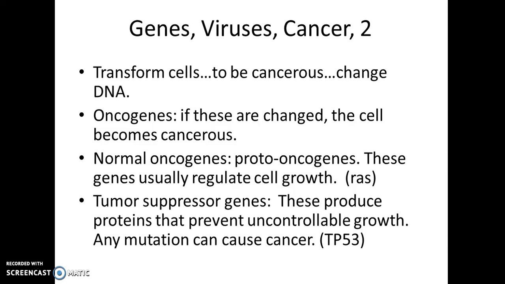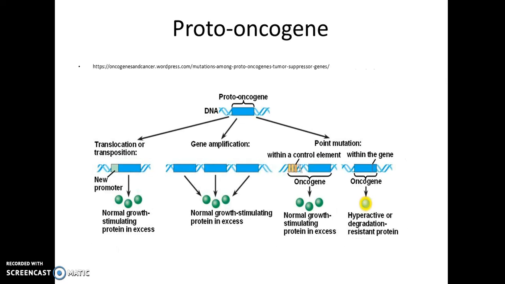Then you have tumor suppressor genes, and they produce proteins that stop uncontrollable growth. Any mutation to these genes, like TP53, can cause cancer. So we have proto-oncogenes. If we have a mutation within the proto-oncogenes, they are now oncogenes, and they will be hyperactive.